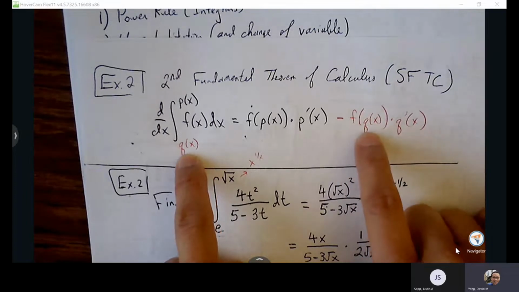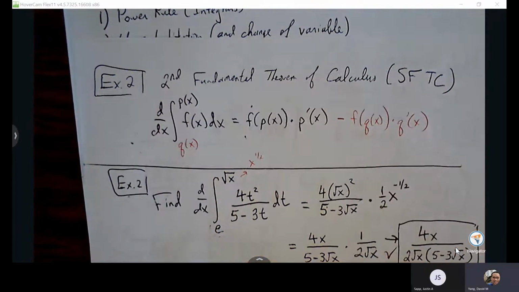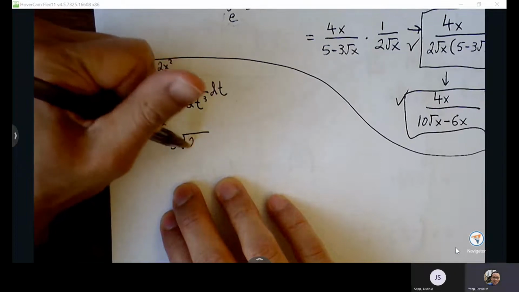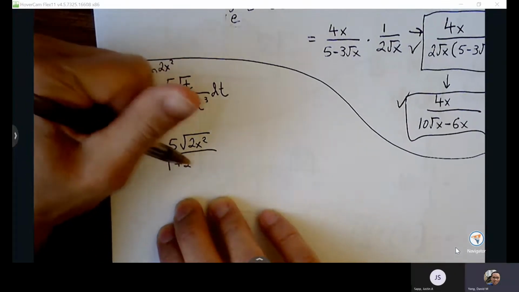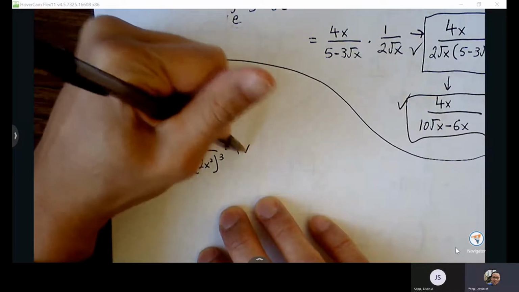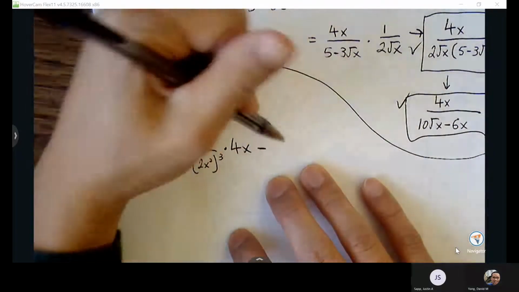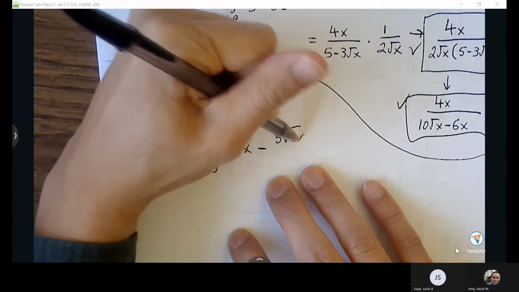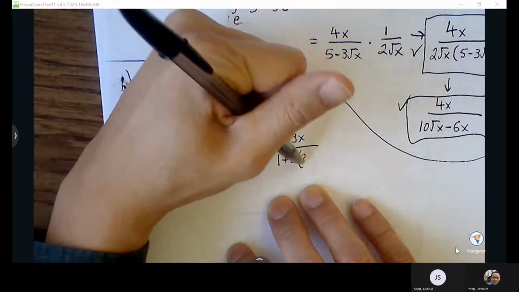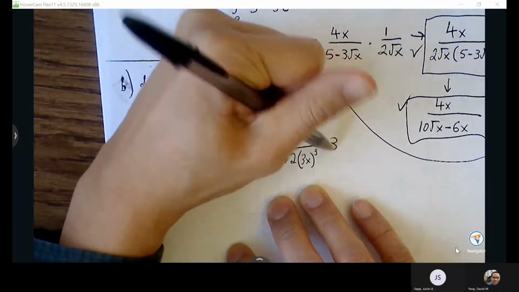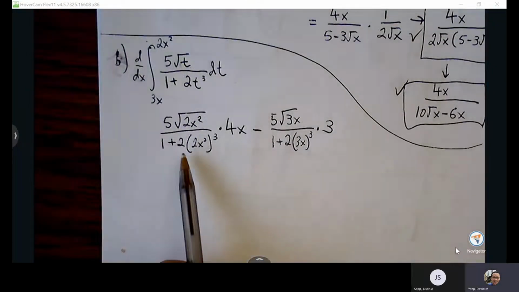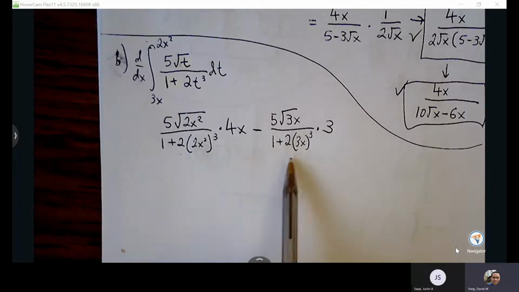Once we do the upper bound, we do minus f of q of x times q prime. So f of p of x times p prime minus f of q of x times q prime.